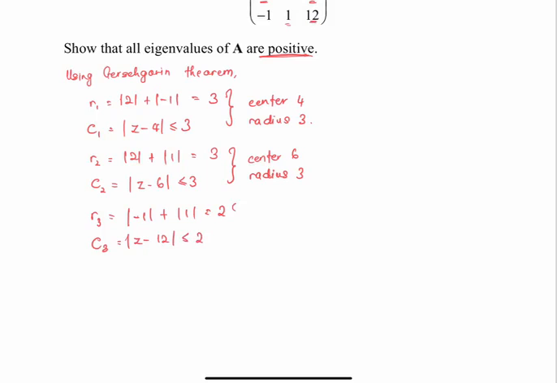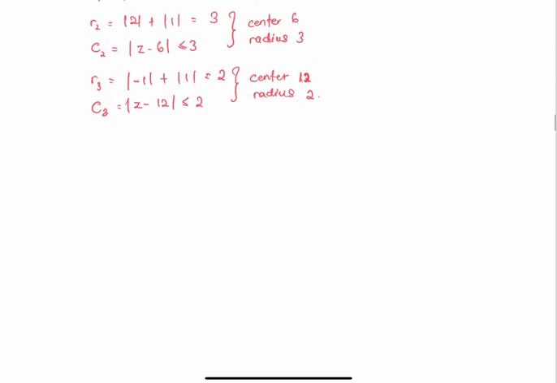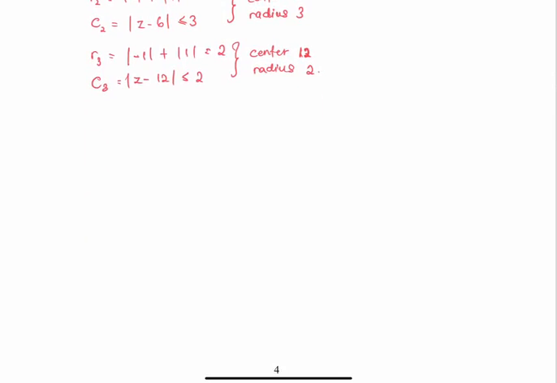So that our center is at 12 and our radius is 2 for this circle 3. And then next we need to sketch the graph, all the 3 circles.